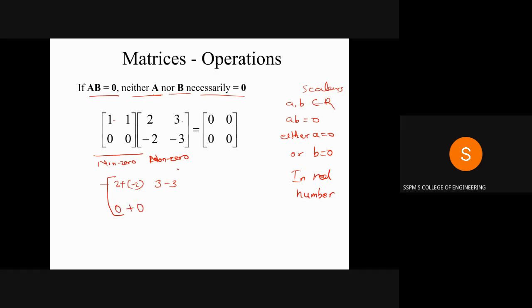Then second row, second column: 0 into 3 is 0, 0 into minus 3 is again 0. So what is the result? It is 0, 0, 0, 0. Therefore you can see that the product is 0, but neither of the matrices is 0. Both are non-zero matrices, still their product is 0. So that is a property of matrices.